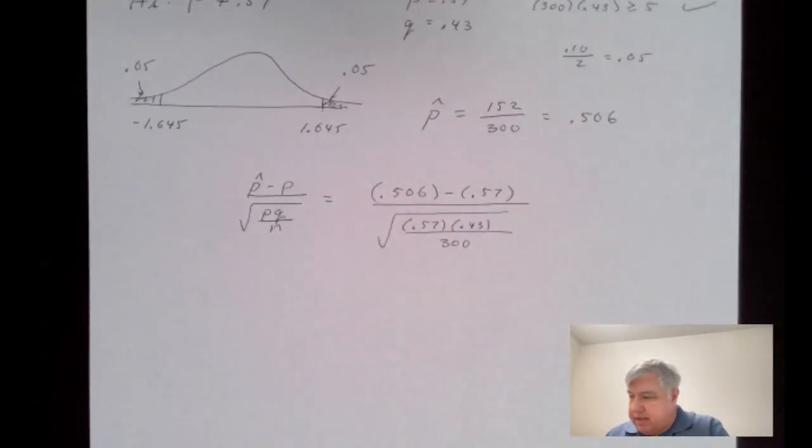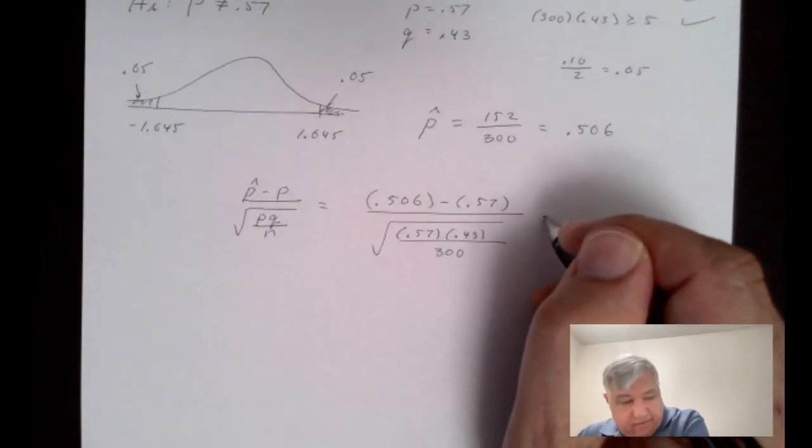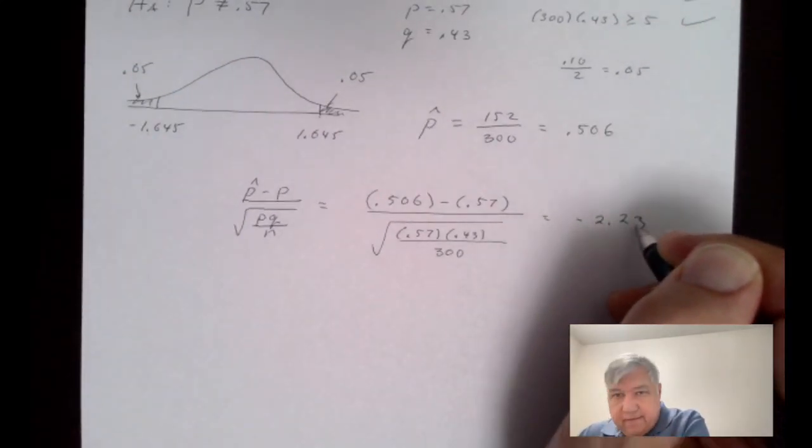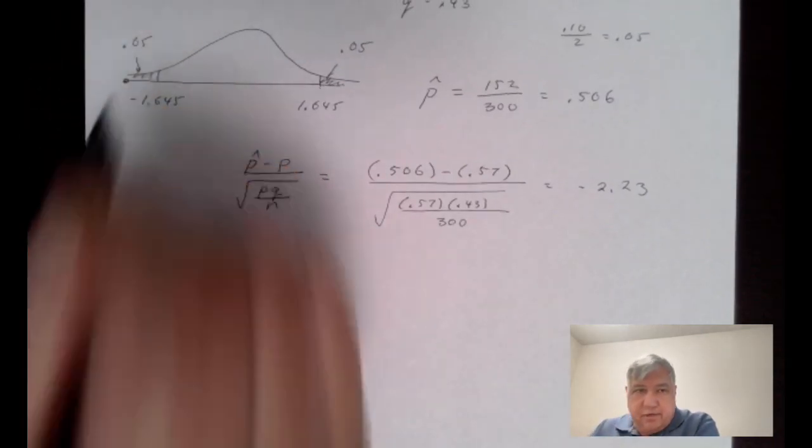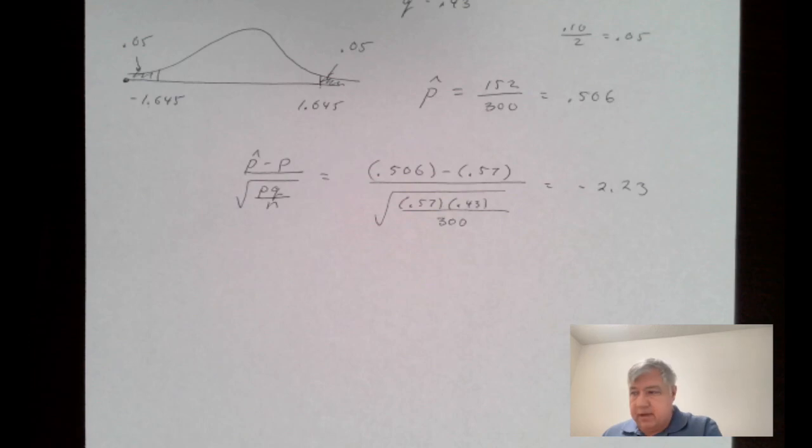And this is going to be a negative number. In fact, it's going to be negative 2.23. Okay. That is in our rejection region. It's way over here.